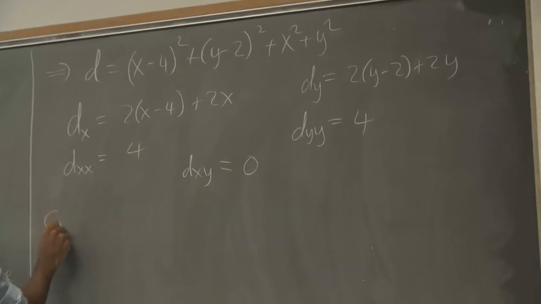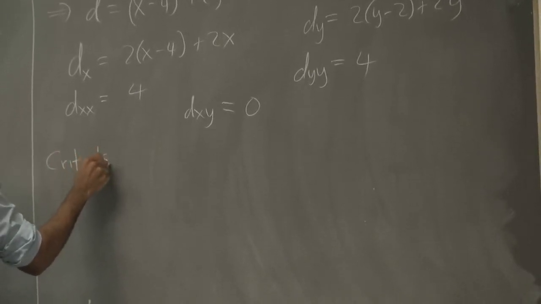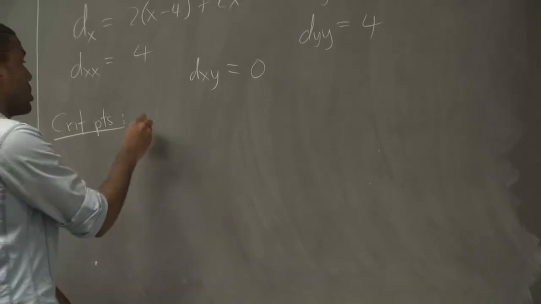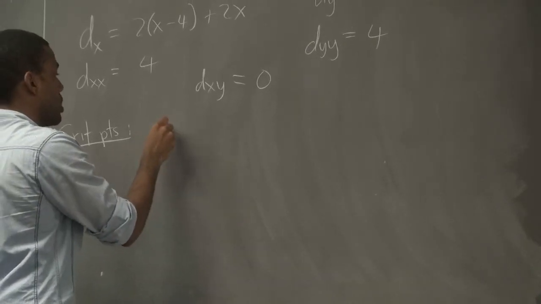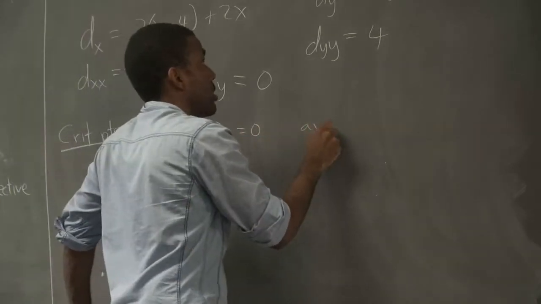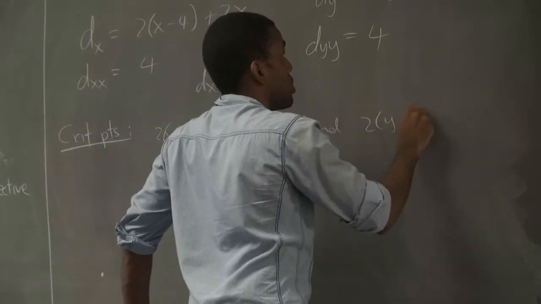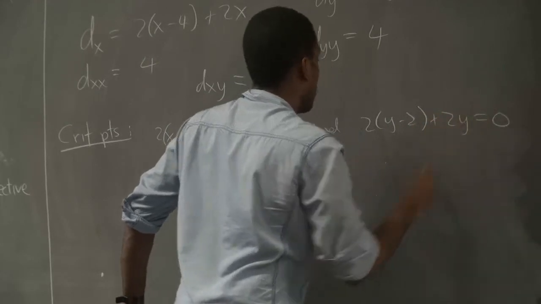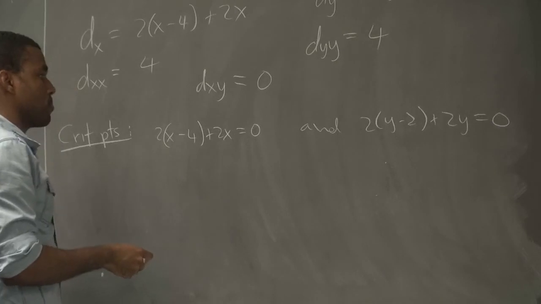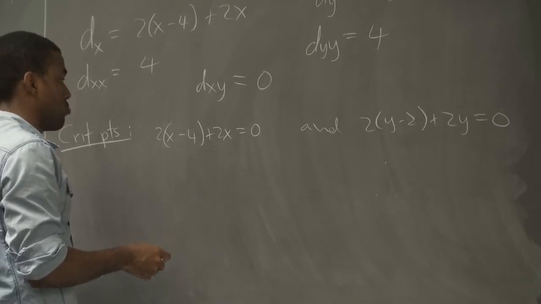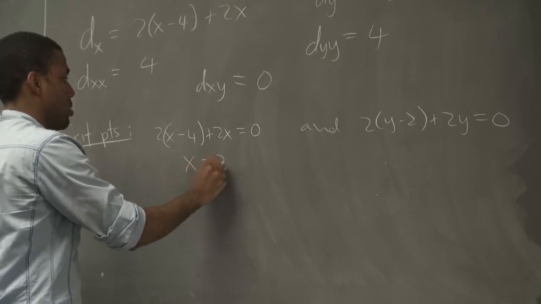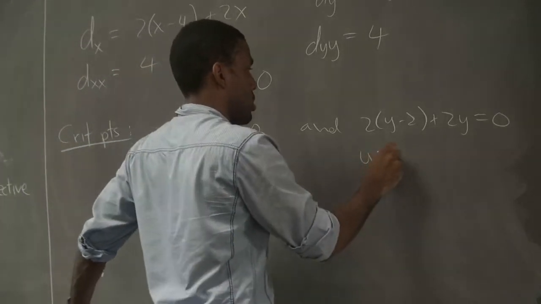Now we have to find the critical points. And our critical points are going to be where 2x minus 4 plus 2x equals 0, and 2y minus 2 plus 2y equals 0. So what is x? x equals 2. And your y? 1.